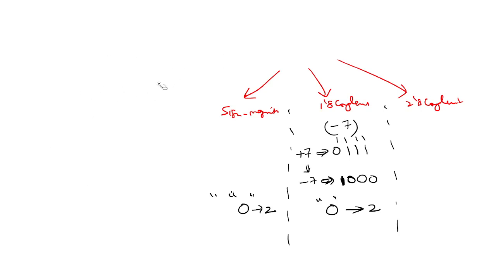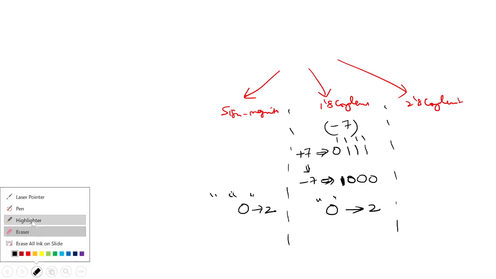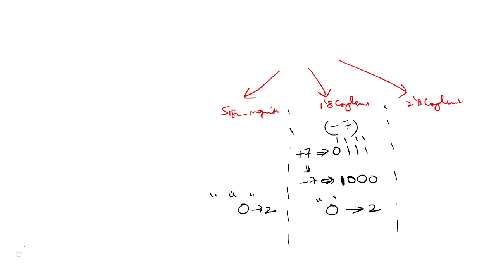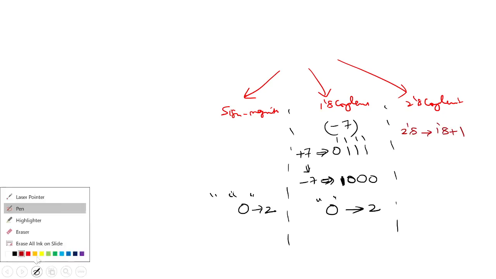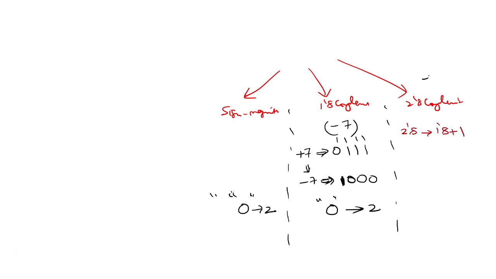So what is 2's complement form then? Very simple. You find out 1's complement and add 1 to that. That's all. That is nothing but the 2's complement form. So for minus 7, how to do that? First you find out plus 7.